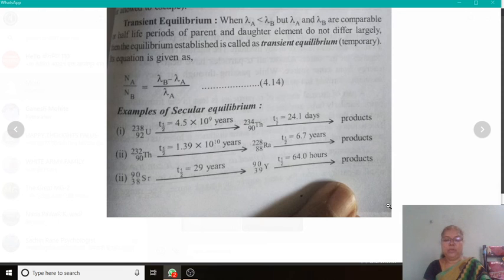R is the range of the alpha particle, and v0 is the initial velocity of the alpha particle. In air, the range of an alpha particle is 2.5 centimeters for energy of 4 mega electron volts, and about 9 to 10 centimeters for energy of 9 mega electron volts. As energy increases, the range of the alpha particle also increases.